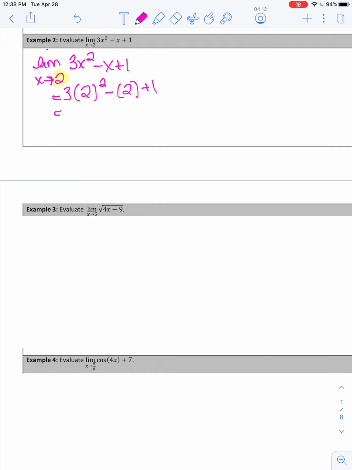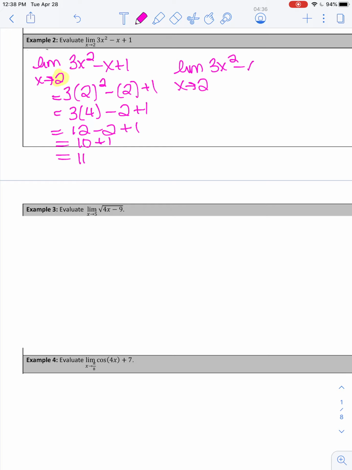So that will give me 3 times 4 minus 2 plus 1. That gives me 12 minus 2 plus 1, which will get me 10 plus 1, which is 11. So what we get to say is that the limit as x approaches 2 of 3x squared minus x plus 1 is equal to 11. And that's our final answer.